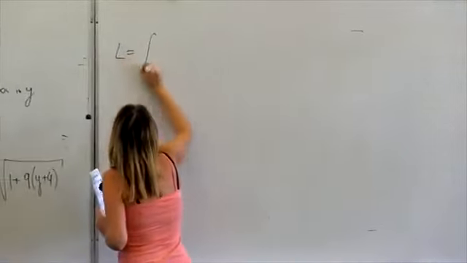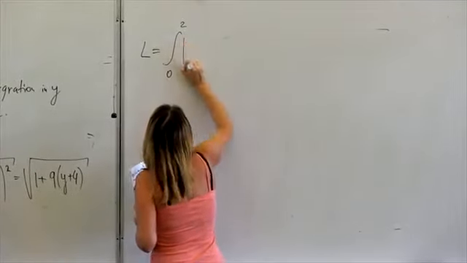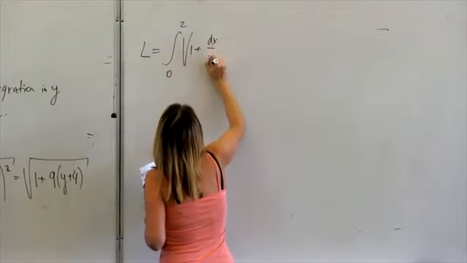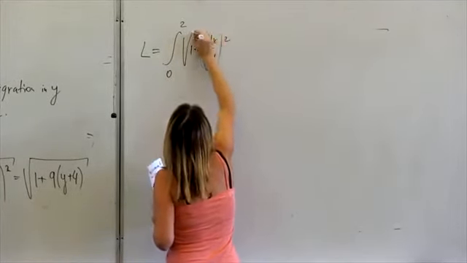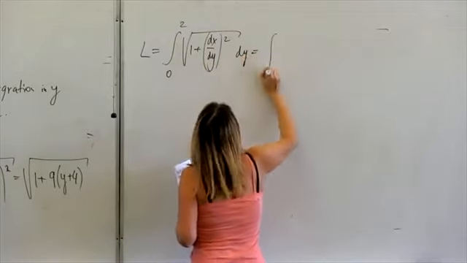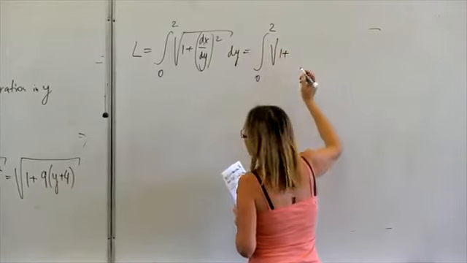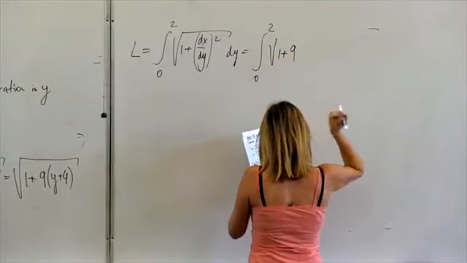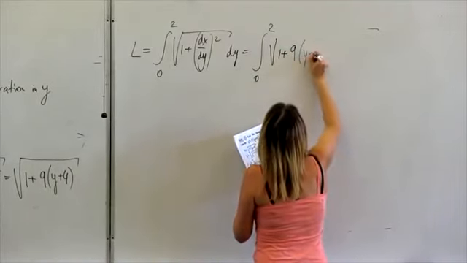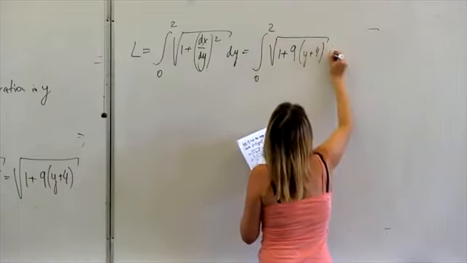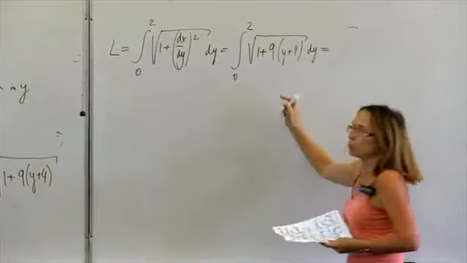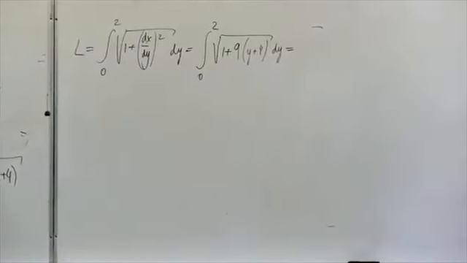So the length goes from 0 to 2, the square root of 1 plus (dx/dy) squared, dy. So rewrite it with this information. What kind of function is it? Is it easy to integrate?